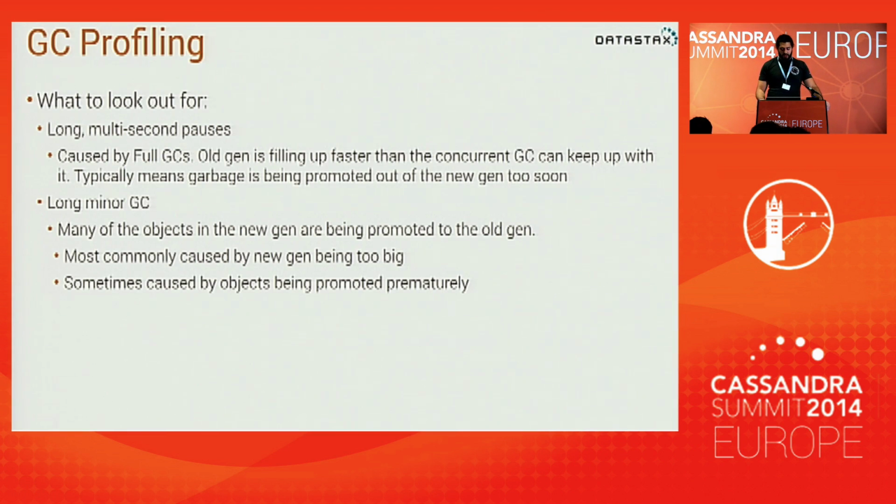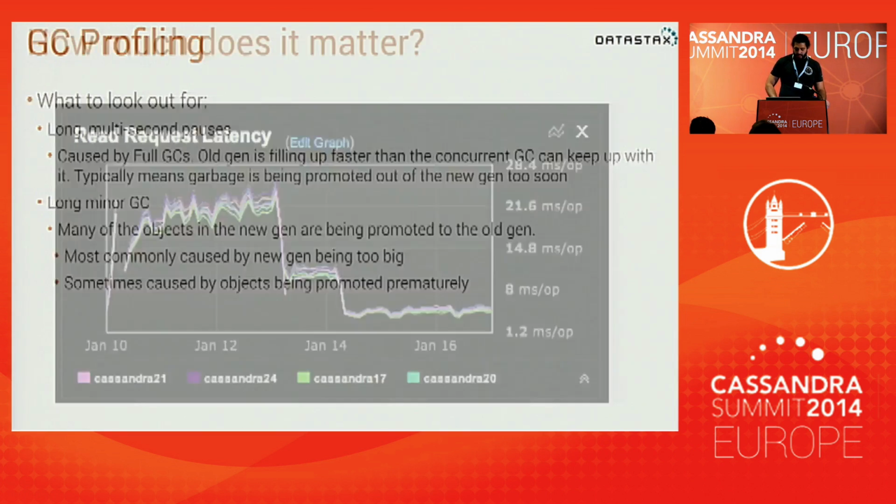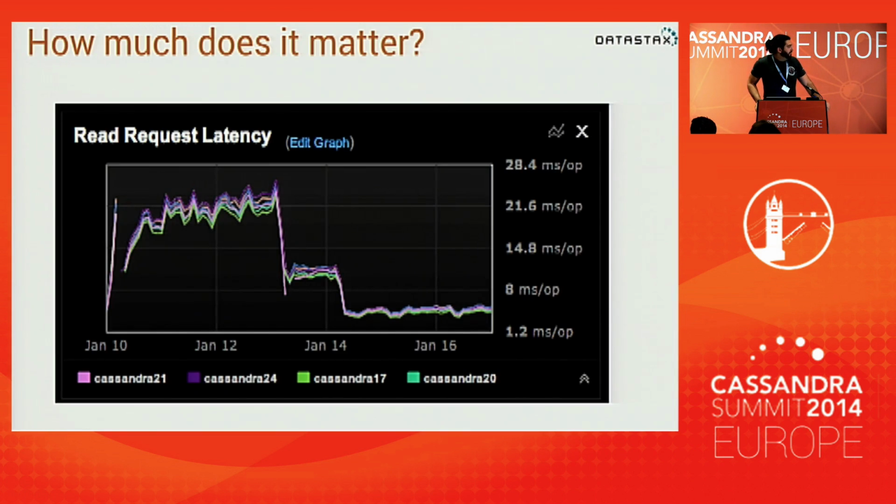And the question that comes up here is, how much does this matter? Is this having a true impact, or is this one of those things where we're optimizing for a 5% increase in performance? The graph I'm going to show you is one we took after doing GC tuning at my last company. We actually got about a 10-fold increase in performance.